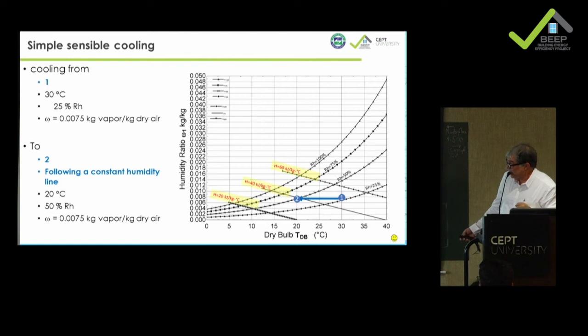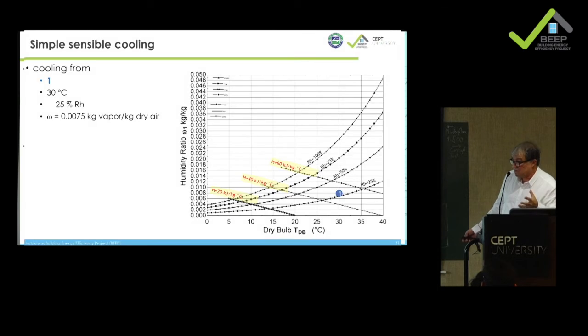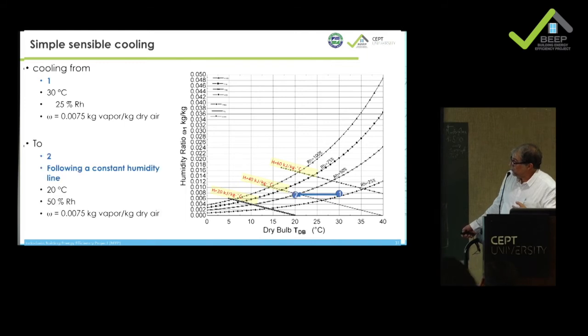This is now to show the cooling, which is exactly the same process, reversed. Simply you start from, let's say, 30 degrees, 25, and you want to cool it at constant humidity. That means only sensible, there is no condensation. You are not cooling with a very, very cold cooling coil. And then you are cooling the air to 20, and you come back to this 50% humidity.